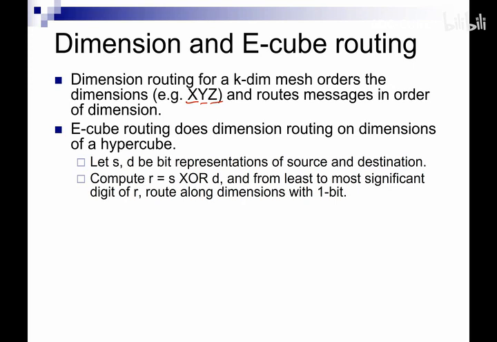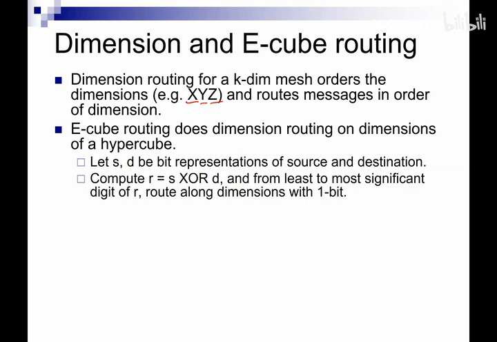Now E-cube routing. This is basically a routing protocol for hypercubes which does dimension routing. I'll give you an example of this, but let me describe this first. So suppose you have a source and destination node. Since we're in a hypercube, these nodes can be represented using binary numbers.